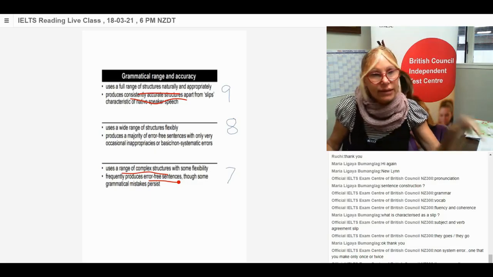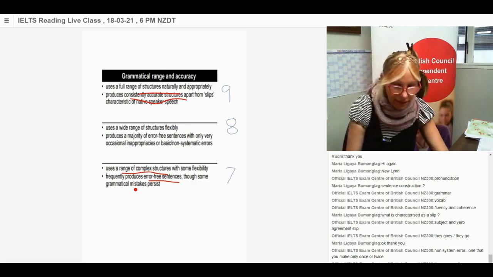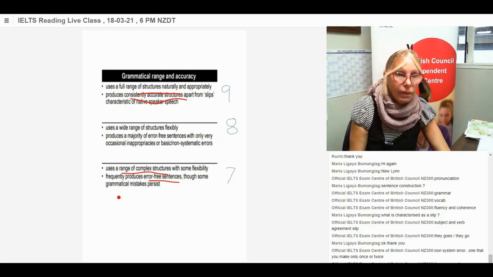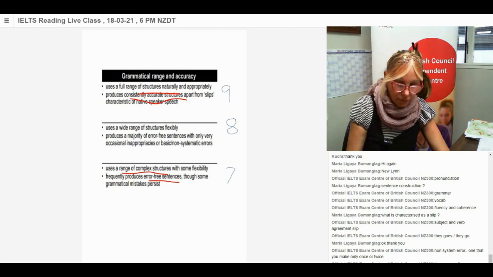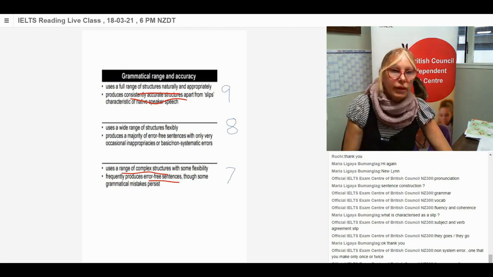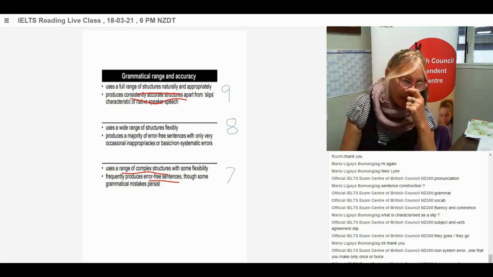So that would mean more than 50%, maybe less than 80%, although there are still some mistakes. So does everyone see the difference between a 7 and an 8? Can everyone see the difference between a 7 and an 8 with grammar?